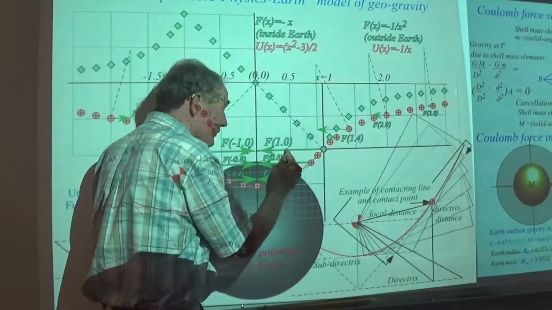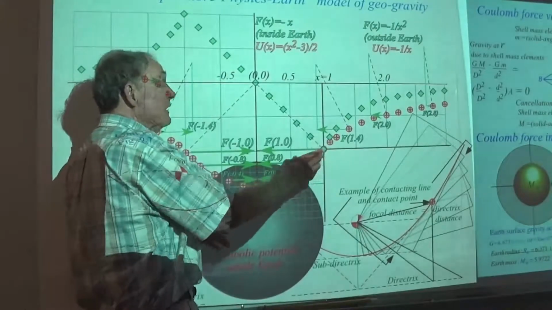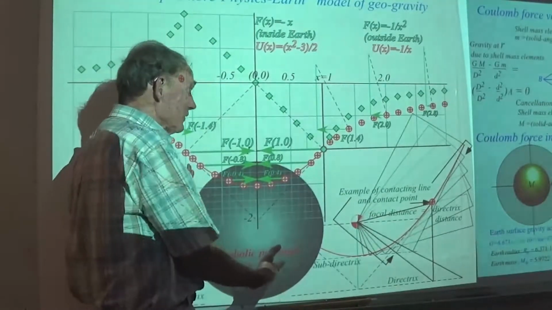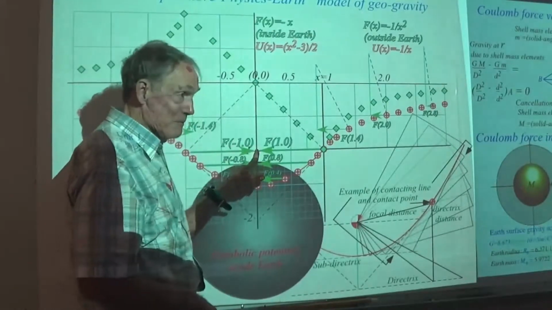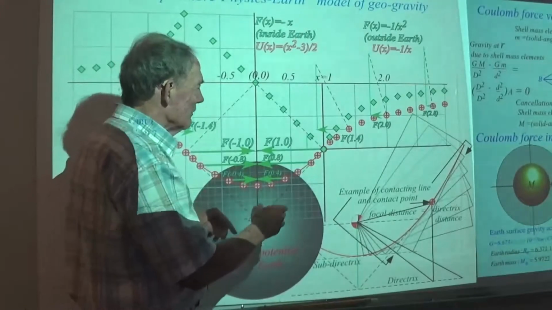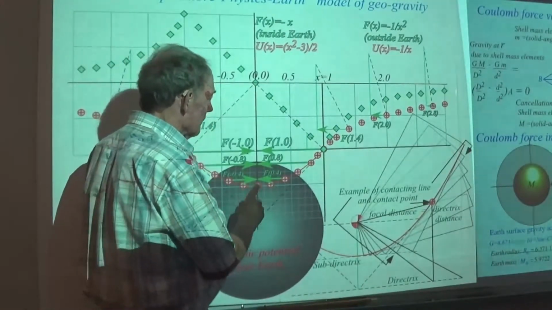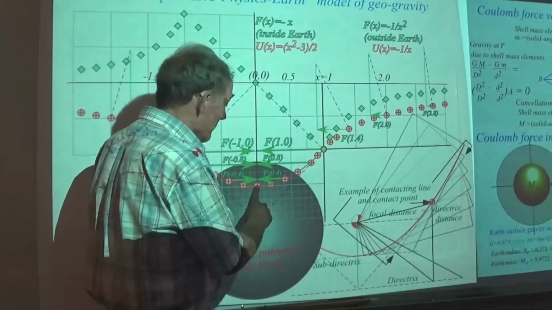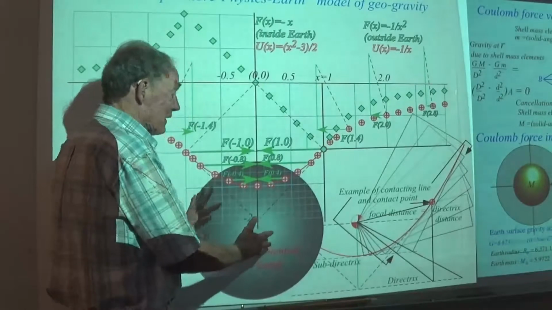That means the focus of the parabola that describes the potential inside the sophomore physics Earth is right there. Okay? So using the kite geometry and all of that, I can very quickly show that this is the point right here. That is the bottom of the potential if you can move freely, like a neutron star.